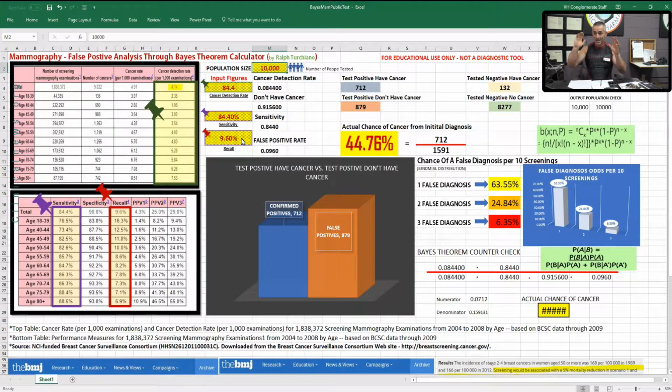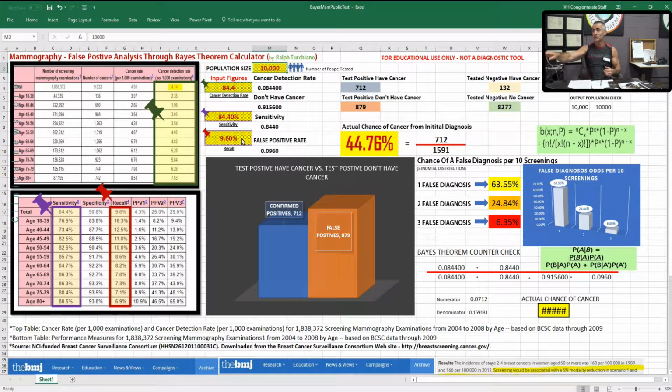So they don't use the actual cancer detection rate per 1,000. They pay attention to the sensitivity of the test, and they fail to recognize that that's not the overall detection rate. That's only the sensitivity of detecting cancer in those that actually have cancer, and doesn't take into account false positives and the like.